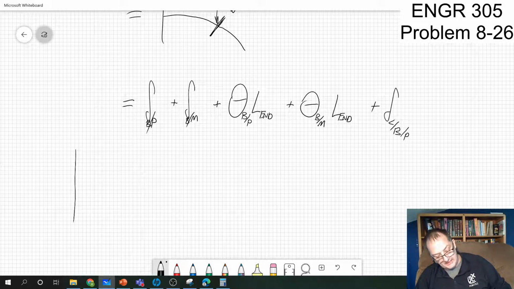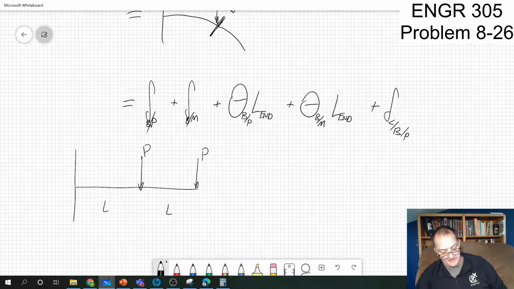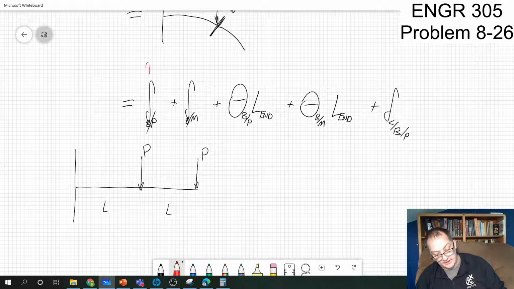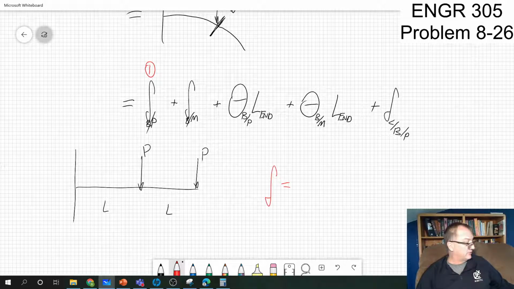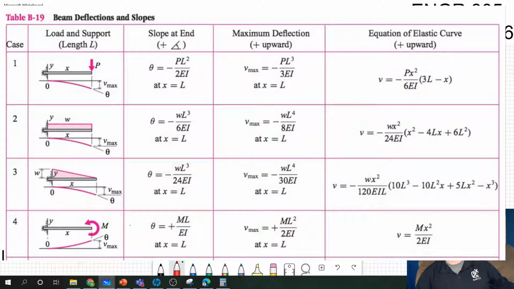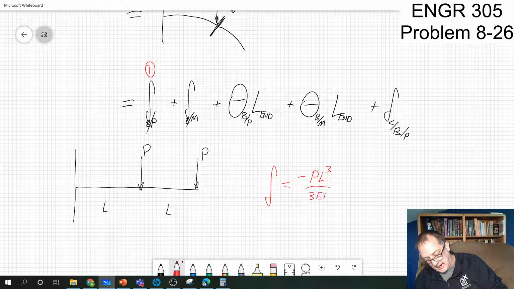The first thing I still need to do is, I've got this and this, P, this is L, this is L. So when I look at this first term, delta is equal to, and if I go to my equations, negative PL cubed over 3EI.